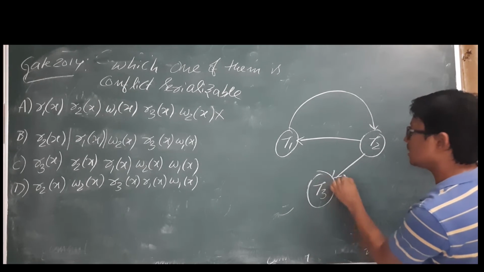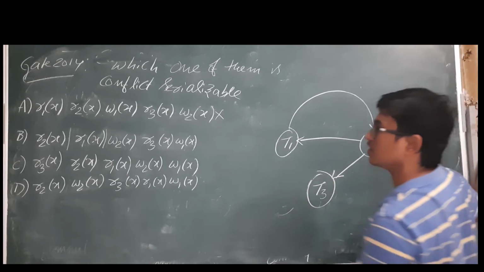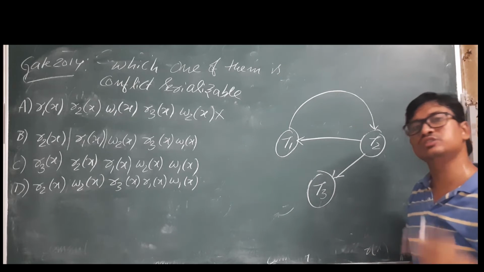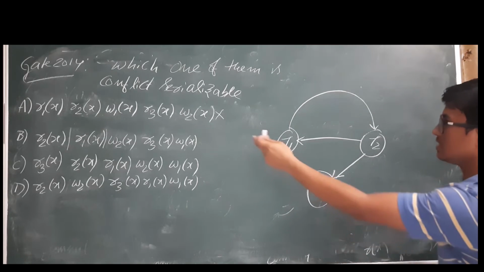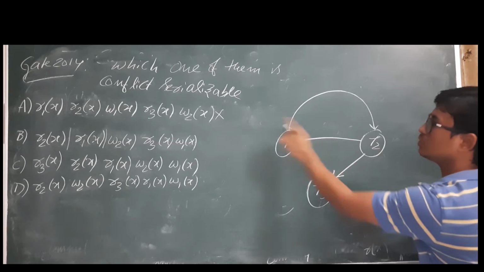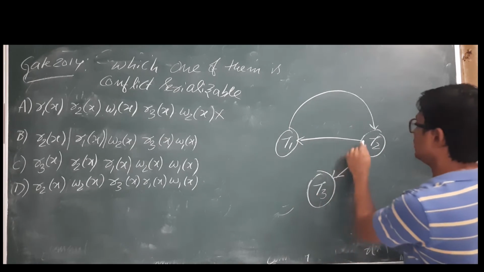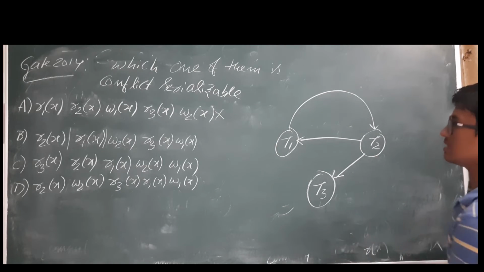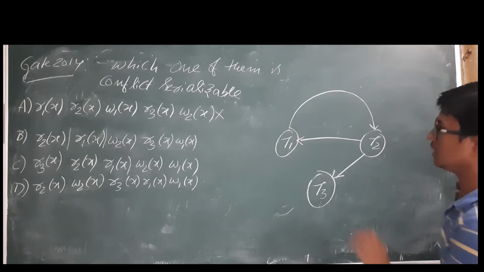Transaction 2 to transaction 3, it is a conflict. And W2 and W1 of x, which is also a conflict. So it is a write-write conflict. It is saying transaction 2 to transaction 1. Already we have an edge from transaction 2 to transaction 1, so I need not draw the edge again.